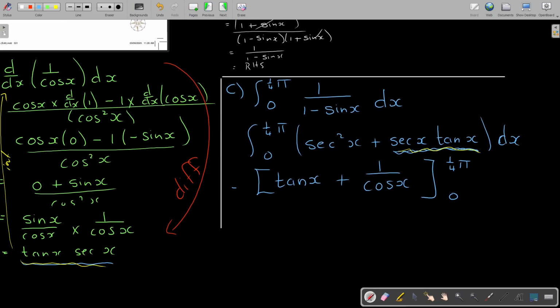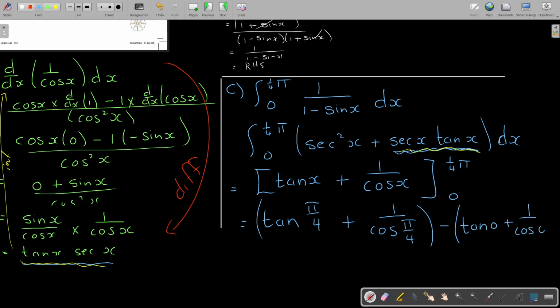Now I'm going to substitute. So tan of pi over 4 plus 1 over cos of pi over 4, minus tan 0 plus 1 over cos 0.